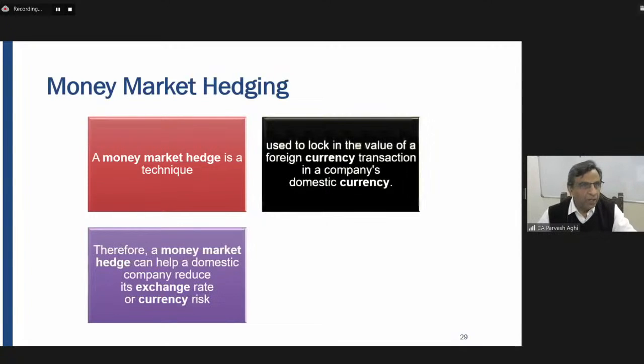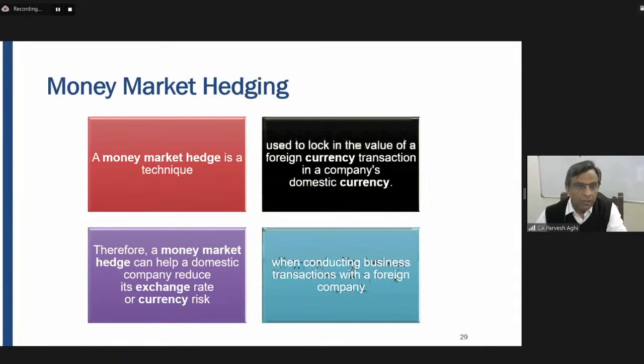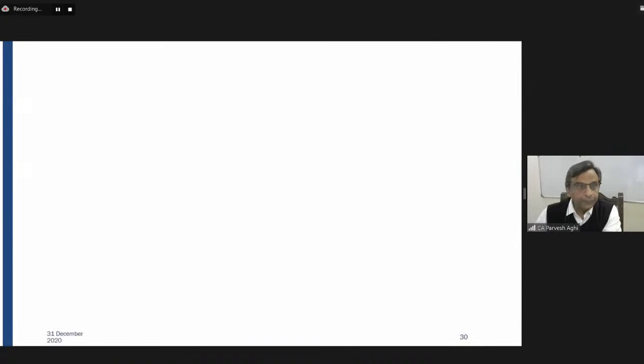Therefore, a money market hedge can help a domestic company reduce exchange rate or currency risk, allowing you not to be exposed to foreign currency fluctuations when conducting a business transaction with a foreign company. So basically, it helps you manage your foreign currency risk.